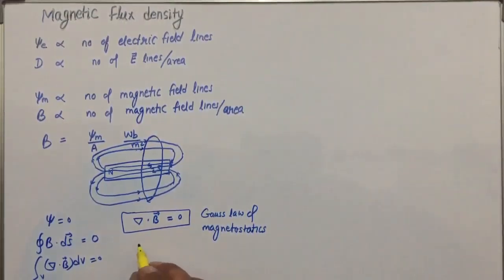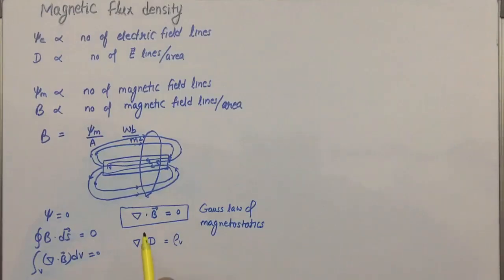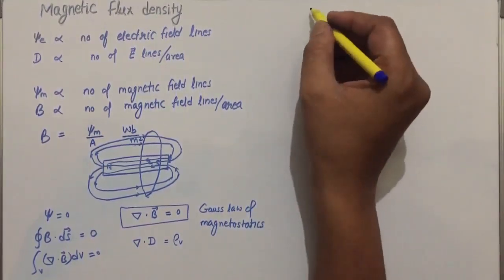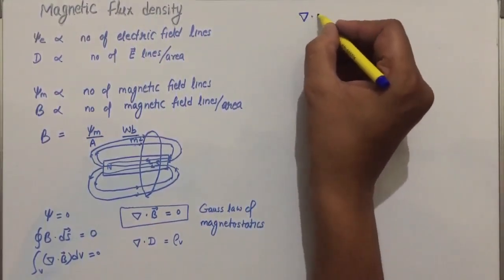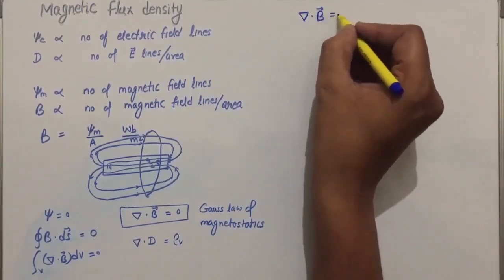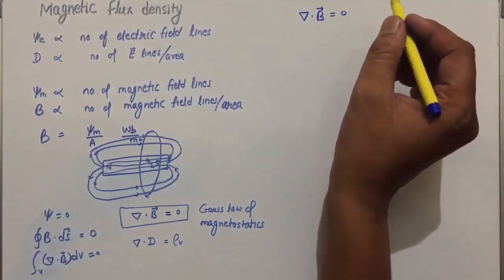And if we recall, in case of electrostatics, the divergence of D was equal to rho v. This is the differential form of Gauss law, and this is the integral form of Gauss law of magnetostatics. So from here we have del dot magnetic flux density is equal to 0.